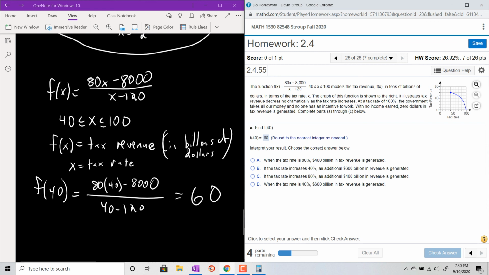Is it in hundreds of billions, or just tens of billions? Sorry, so in tens of billions. So it's 60 tens, which is 600. So at the 40% tax rate, there's 600 billion in revenue.